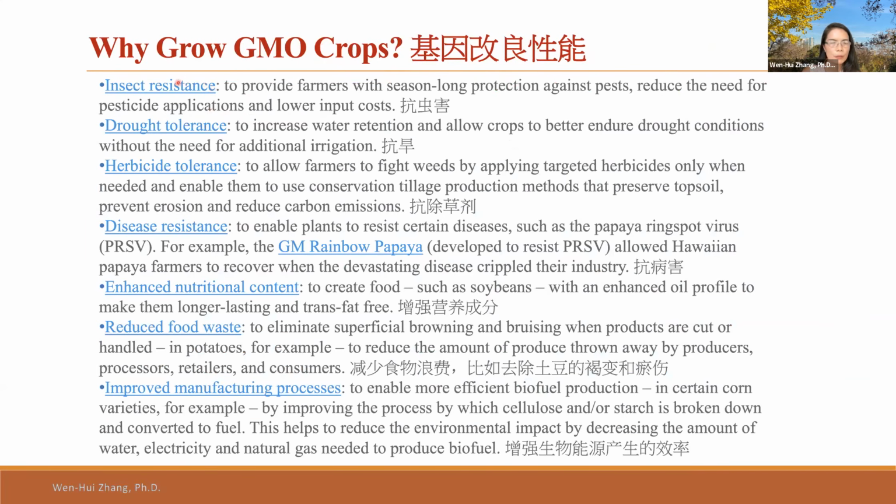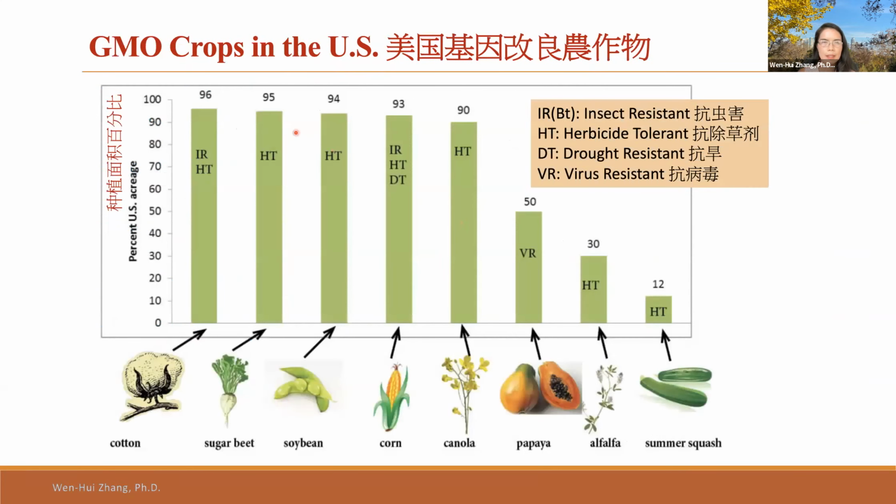So why we grow GMO crops, already talked about that: insect resistance, drought tolerance, herbicide tolerance, disease resistance, and enhancing the nutritional content, reducing food waste, improving the manufacturing process. These are the main GMO crops in the US.